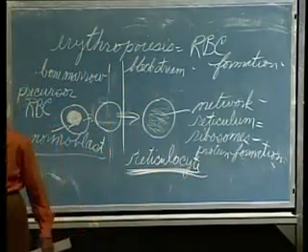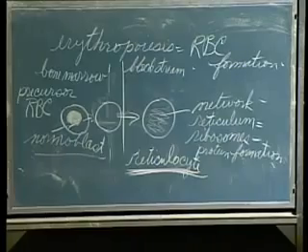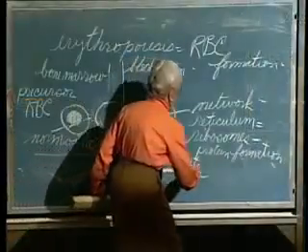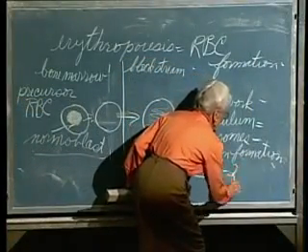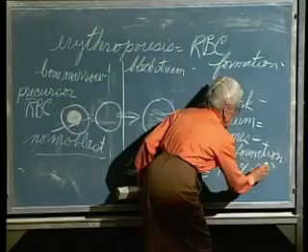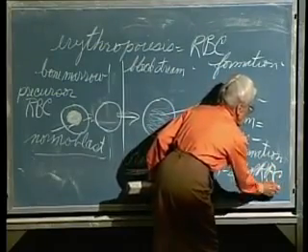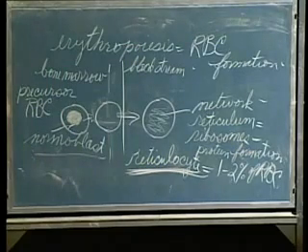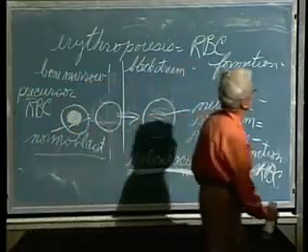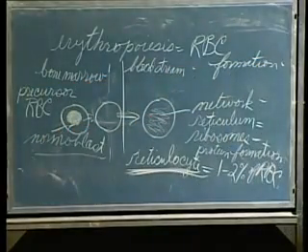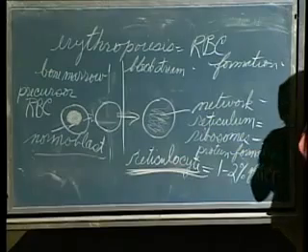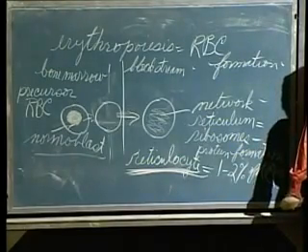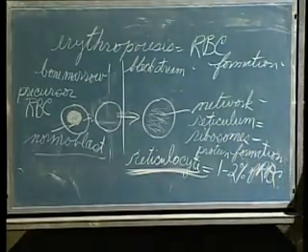And they will make up about 1 to 2% of your RBCs in the pathway. They will circulate for only about 24 hours, a very short period.